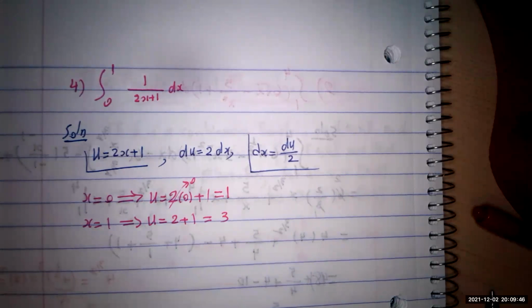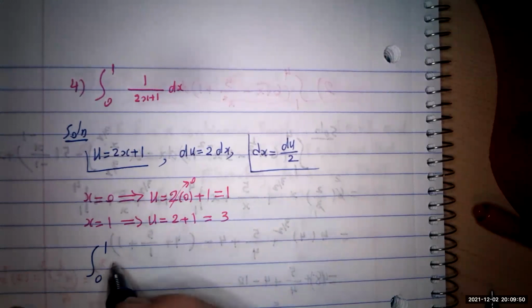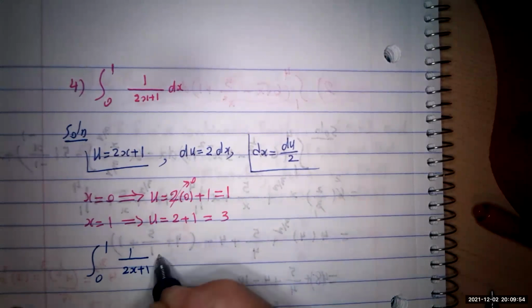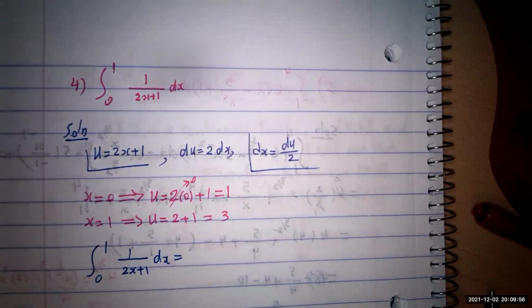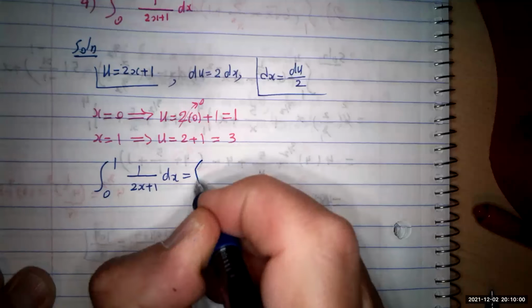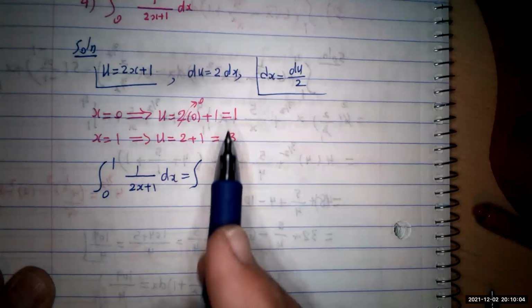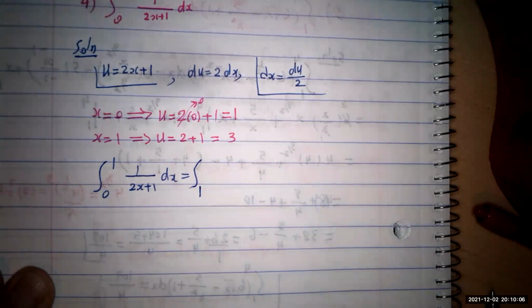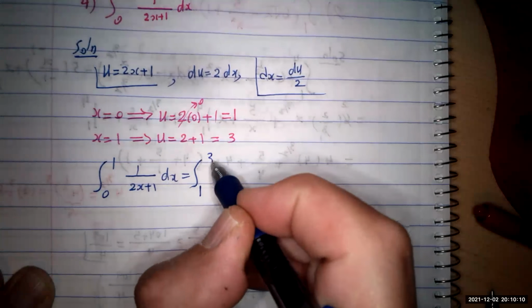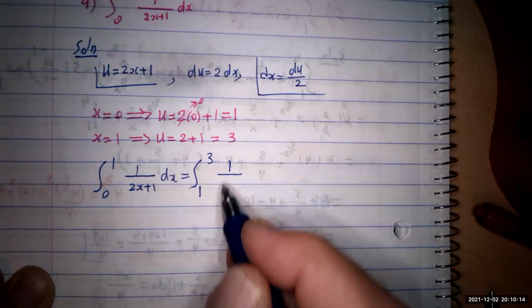Okay, so let's do it. This is the original one. 1 over 2x plus 1 dx. So we switch integral from when x is 0, u is 1. When x is 1, u is 3. 1 over 2x plus 1 is u.